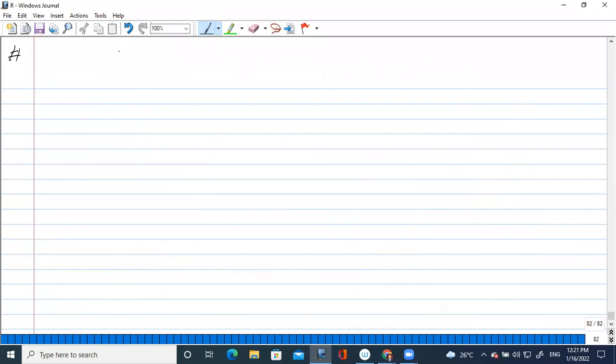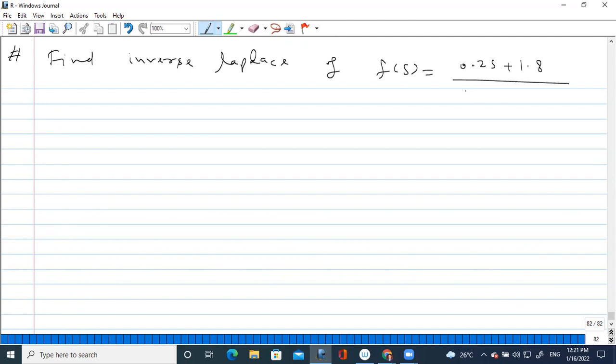Okay, so next question we can take. Find inverse Laplace of F(s) equal to 0.2s plus 1.8 divided by s square plus 3.24.